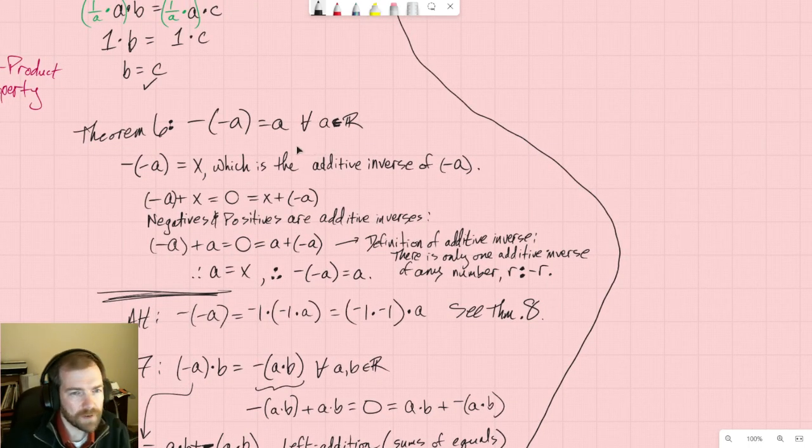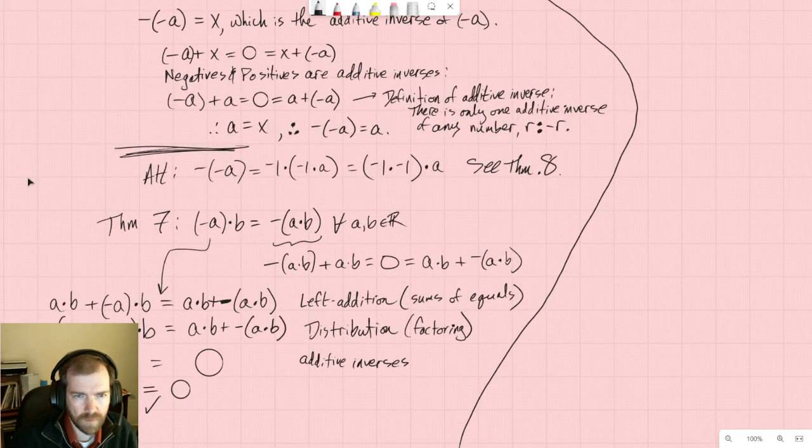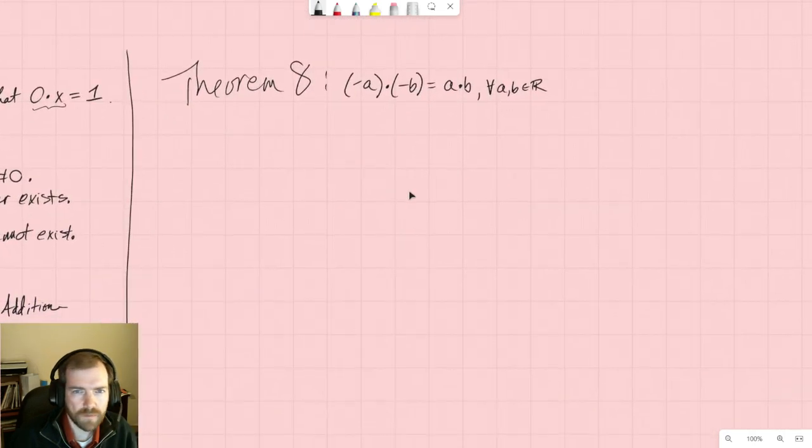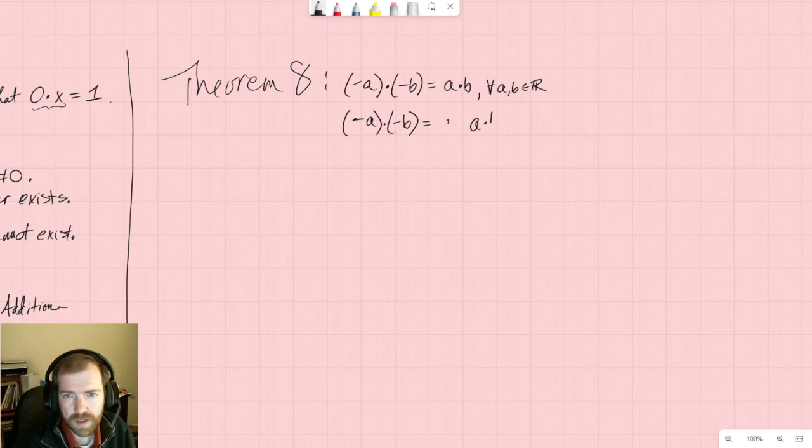So we start with negative a times negative b is equal to a times b, and then again do sums of equals.